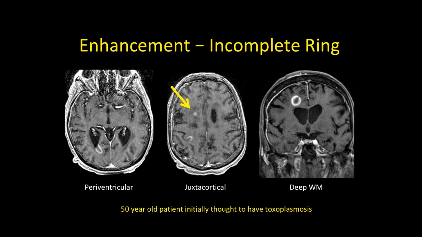And probably because the patient was 50 years old, the person didn't initially think of MS as the diagnosis. But if you see there's incomplete enhancement in these characteristic periventricular, juxtacortical, and deep white matter regions, incomplete ring enhancement, that's a home run for demyelinating disease.